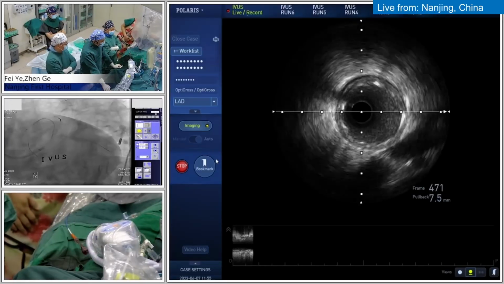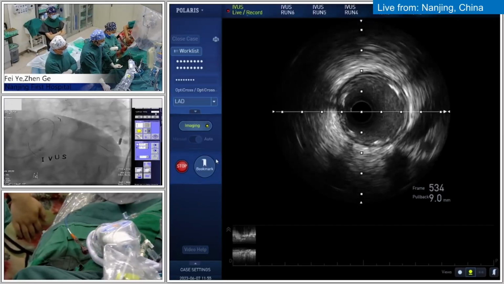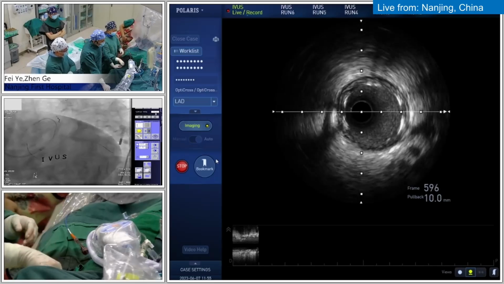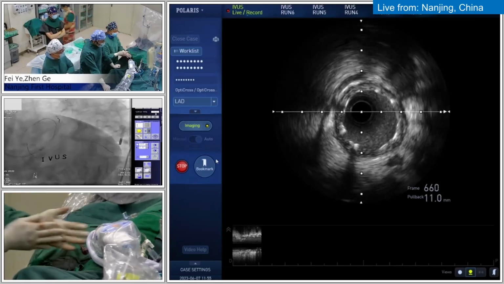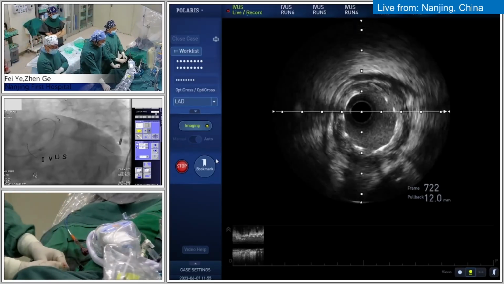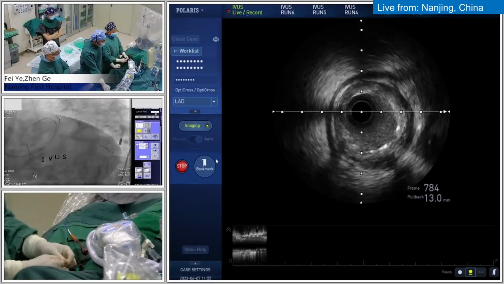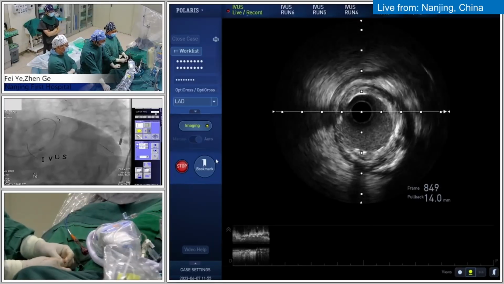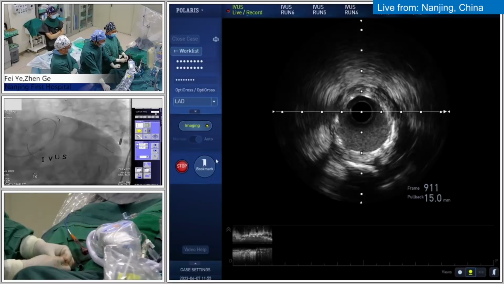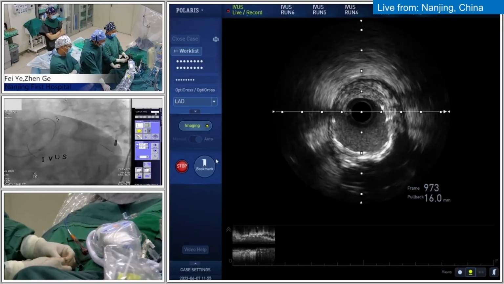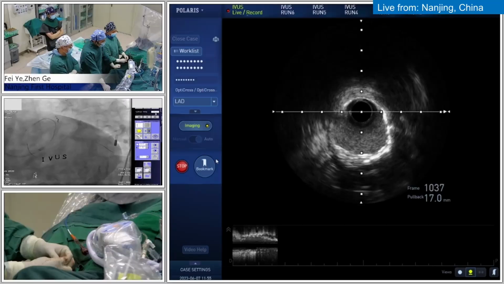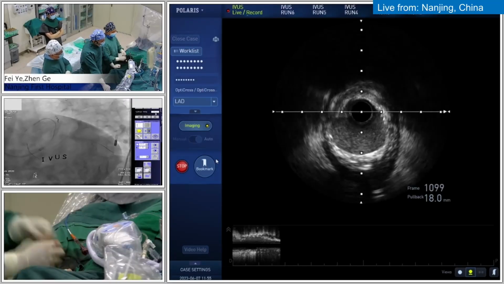The stent diameter is about 3.0 millimeters. One small septal. Here, this diameter is 3.0.